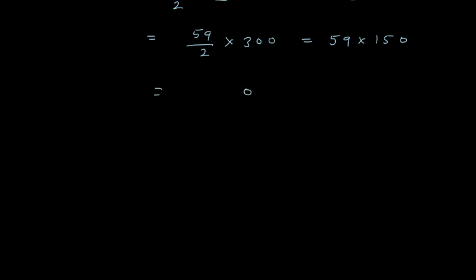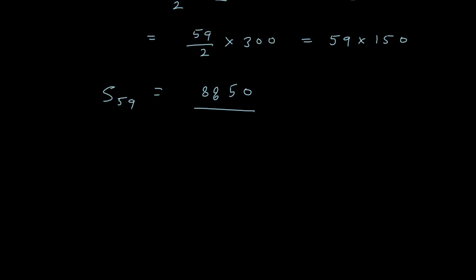Now 59 times 5 is 295, so 295, 5 I will write, 29 is carry. 5 5s are 25 plus 5 is 30, 5 9s are 45 plus 3 is 88. So 8850 is your sum of 59 numbers. N is 59, and the sum of 59 numbers is 8850.